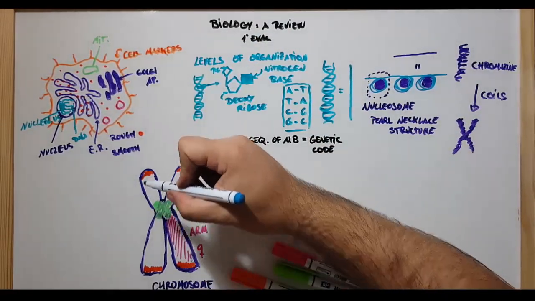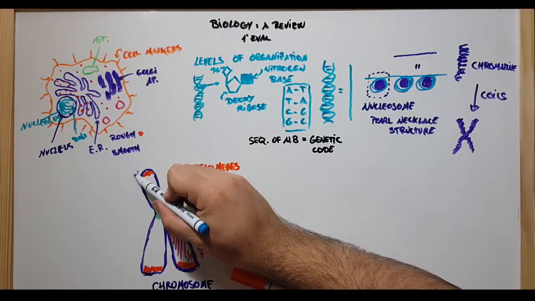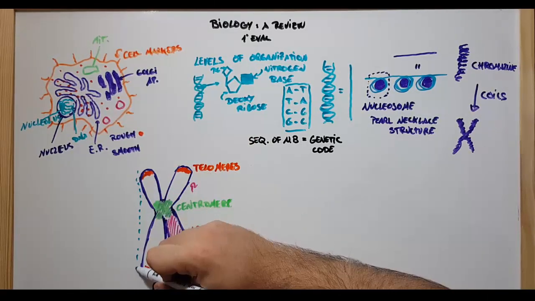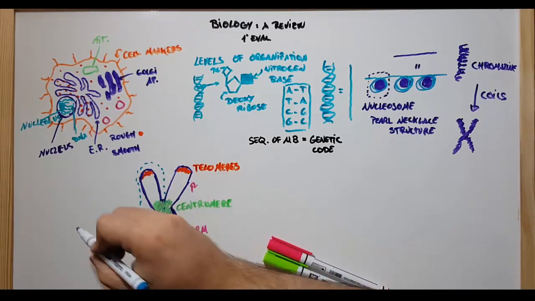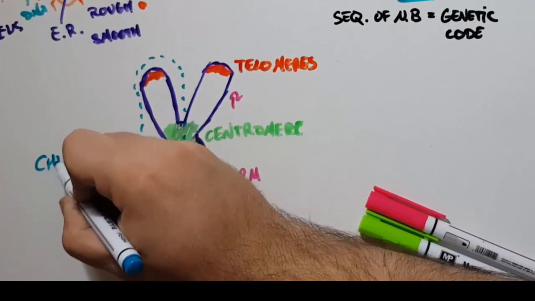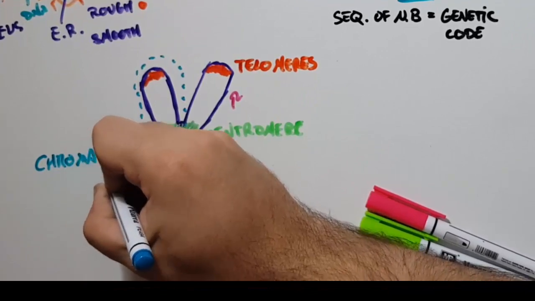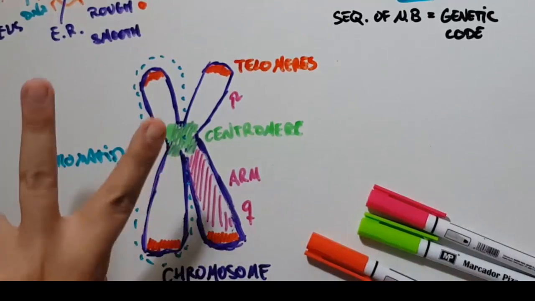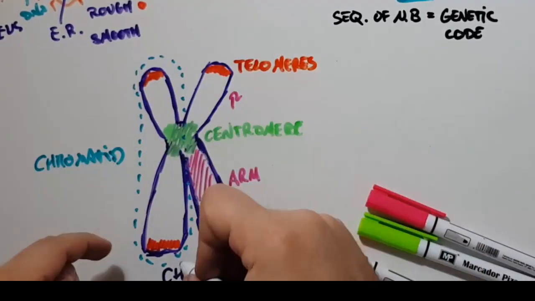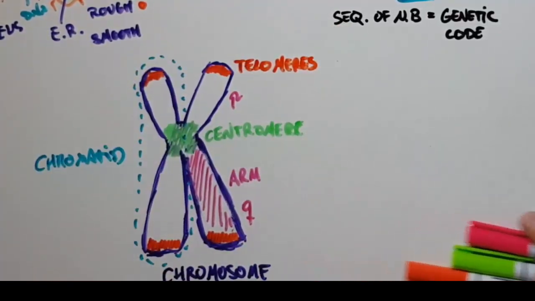So then we have another superstructure in a chromosome. That is a chromatid. Okay, so this chromosome has two chromatids. You can see one here and another here. Super important.